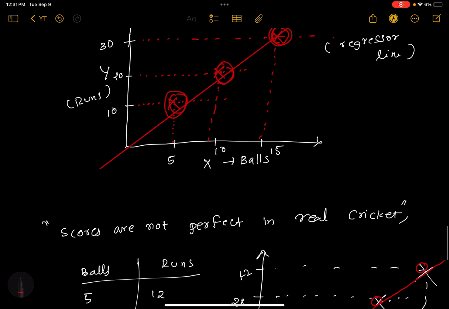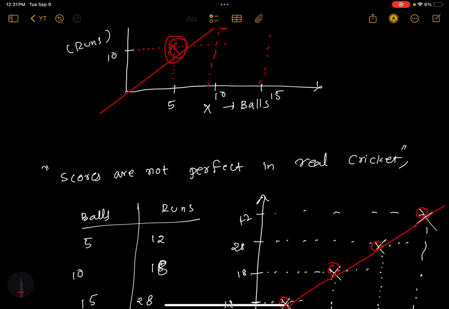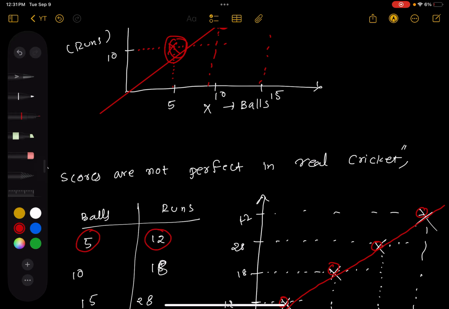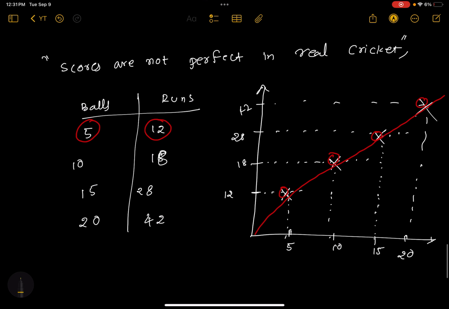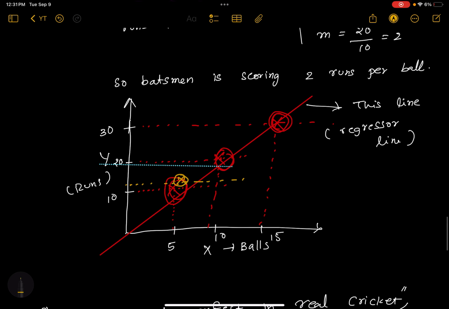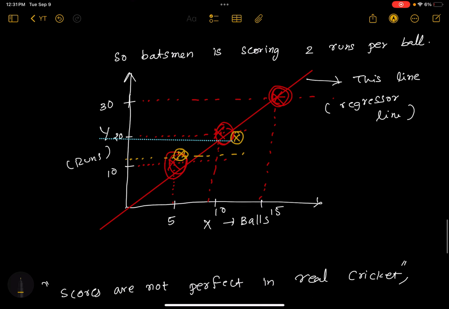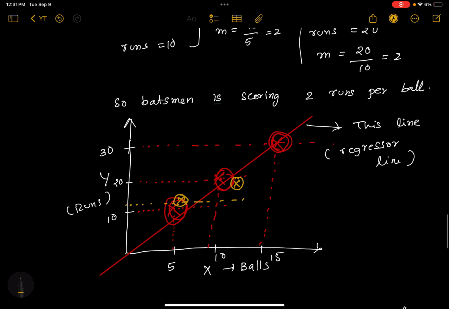Okay, let me make it more simple. So we have 5 balls and 12 runs. So 12 runs will be somewhere here, right? And 18 runs will be somewhere here. And 28 runs will be, this is 30, so somewhere here.